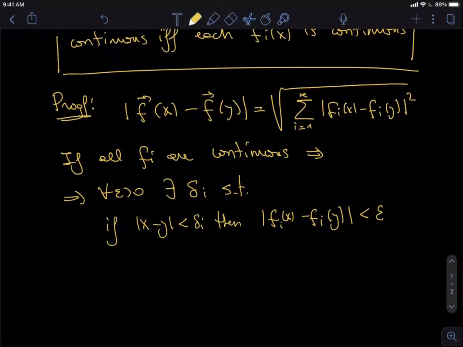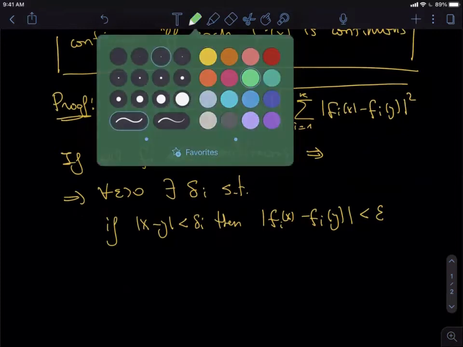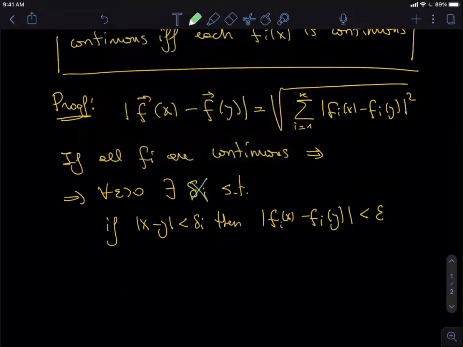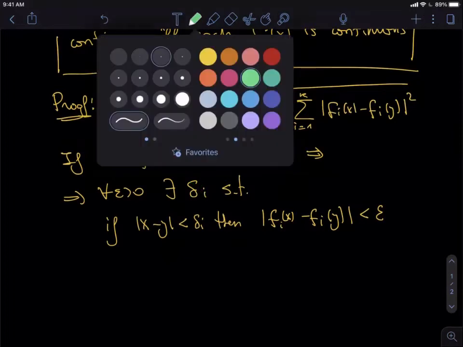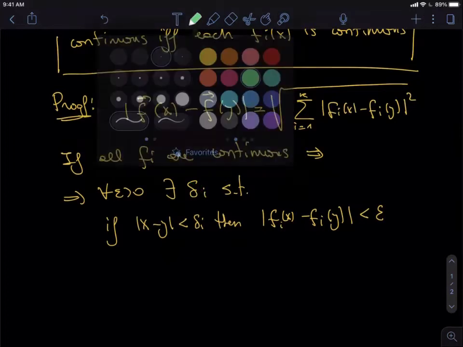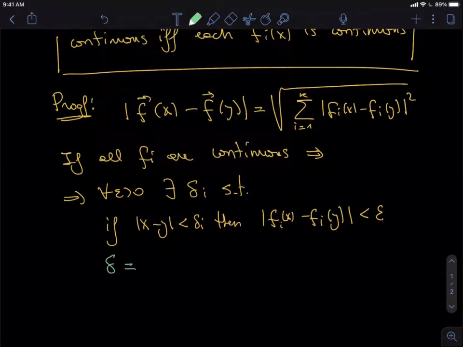Now notice here, we can take delta to be the minimum of all the delta_i.